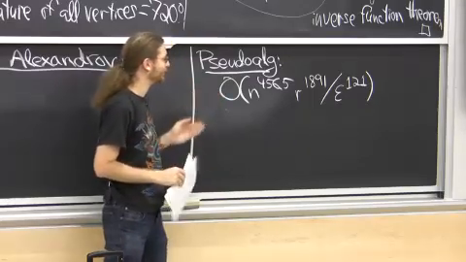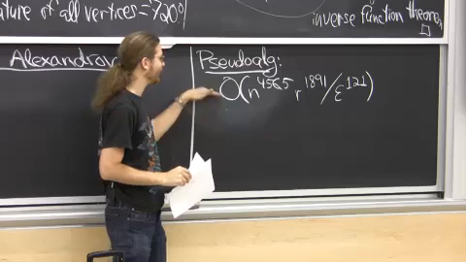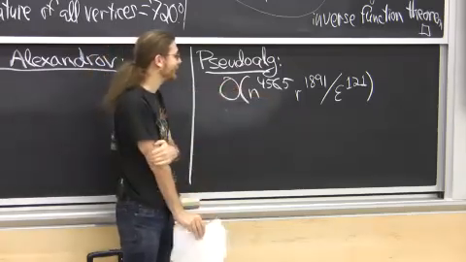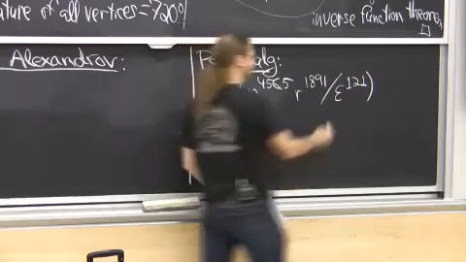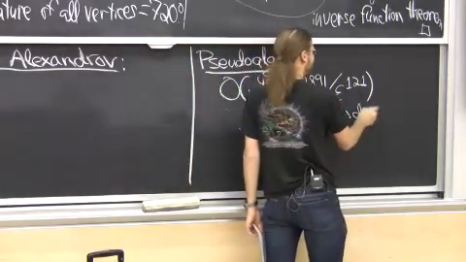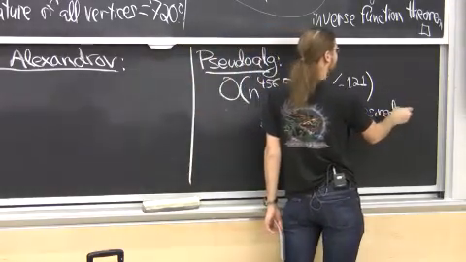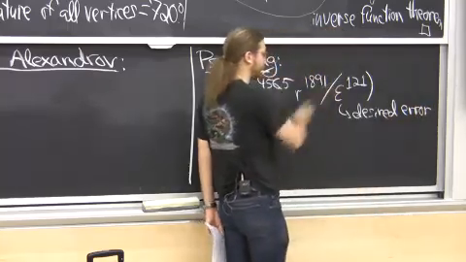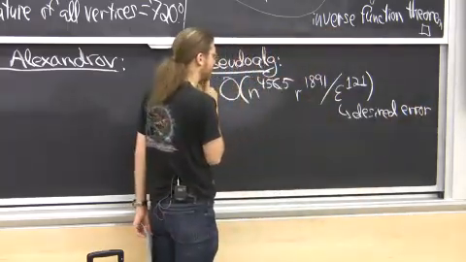Well, it's been surpassed. I just forgot about it. n to the 456.5 times r to the 1891 over epsilon. Epsilon here is the desired error. So you can make the error as small as you want. We can't do it perfectly, but your running time increases as the error goes down.